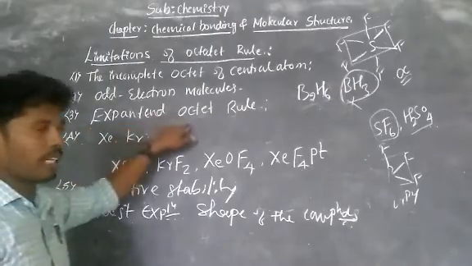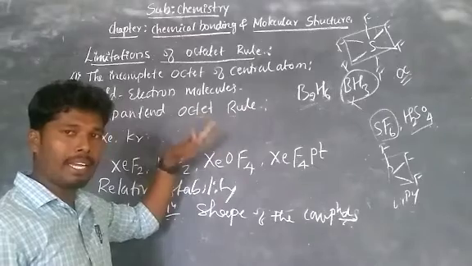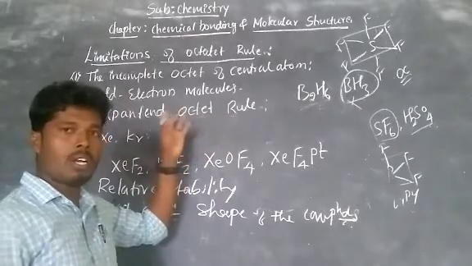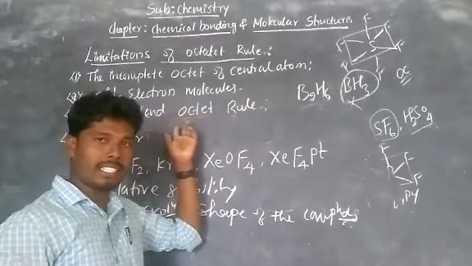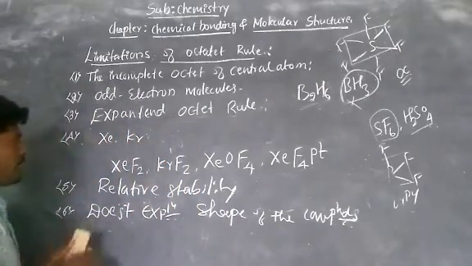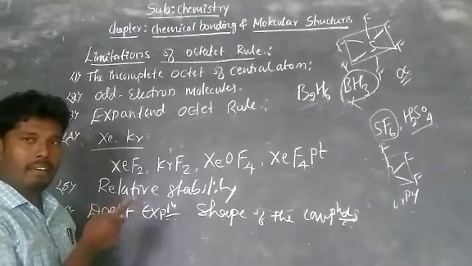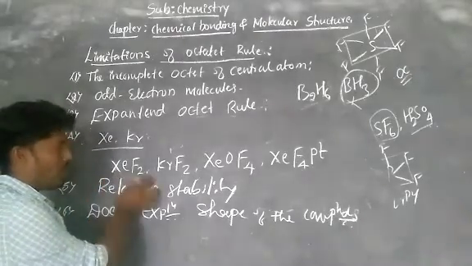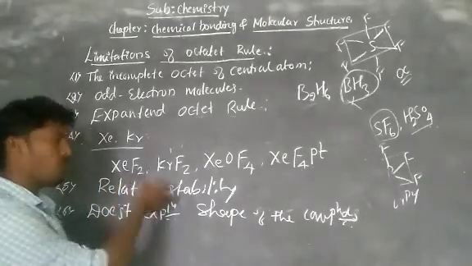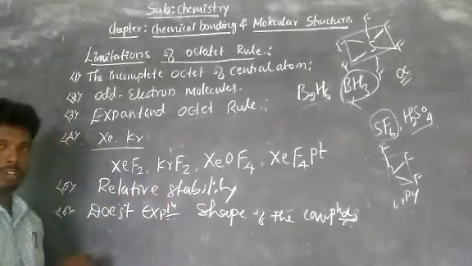Then the expanded octet: some elements, that is third and higher period elements having d orbitals, exceed it, meaning greater than 8 electrons. Then the next one: it is explained based on the inertness of noble gases. However, some noble gases like xenon and krypton form compounds with fluorine or some other elements, so the octet rule fails to explain that.